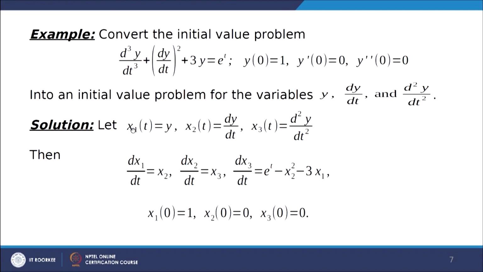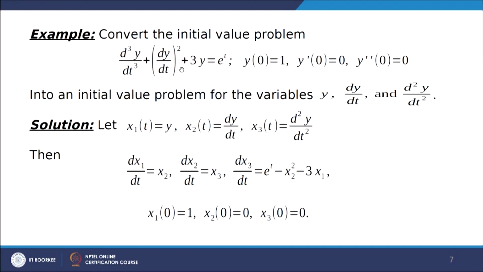Now, again let us say x_1(t) equal to y, x_2(t) equal to dy/dt, and x_3(t) equal to d^2y/dt^2. Then d^3y/dt^3 will be dx_3/dt. And the terms (dy/dt) whole square plus 3y, if you take to the other side, what you get is e to the power t minus x_2 square minus 3 into x_1.